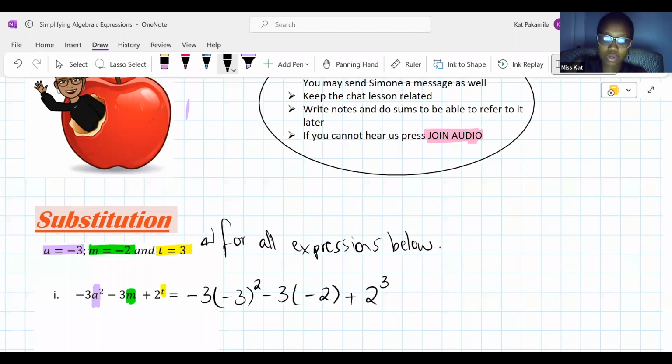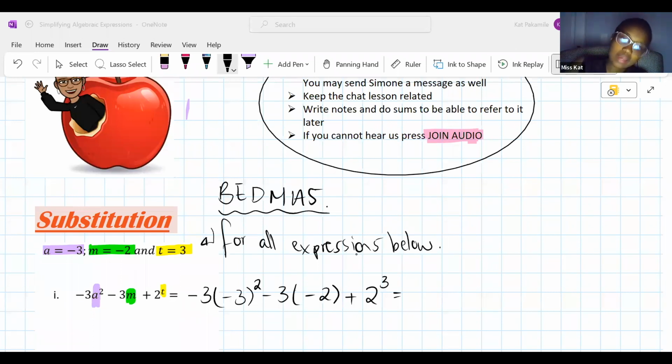Beautiful. Now, BEDMAS says we must start with... Where do we start? What do we do after this? We have to find an actual answer.